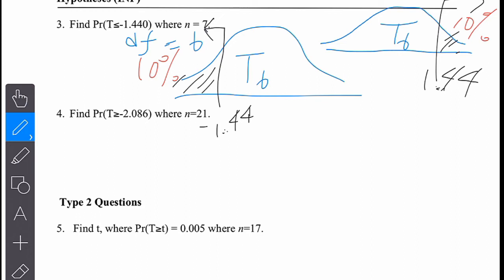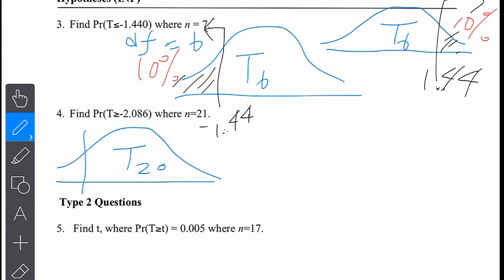Let's keep going. The next one, let me draw it, always draw it. I'm going to draw it with T20, not to be confused, to anchor myself. I'm going to use the 20th row, and I'm going to again ask you about a negative value just so you understand how to get negative values off of the table.